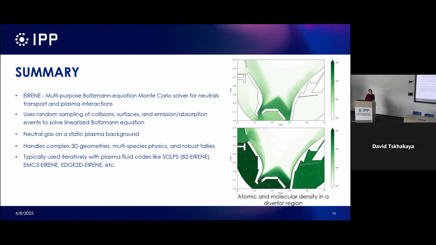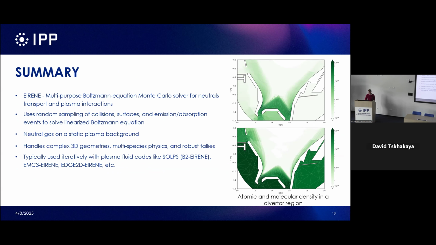Okay, so as a summary, IRENE is a Monte Carlo solver for neutral transport and their interaction with plasmas. It uses random sampling of collisions and emission absorption events to solve basically the Boltzmann equation.